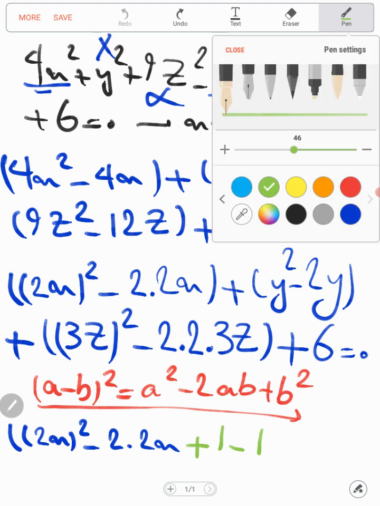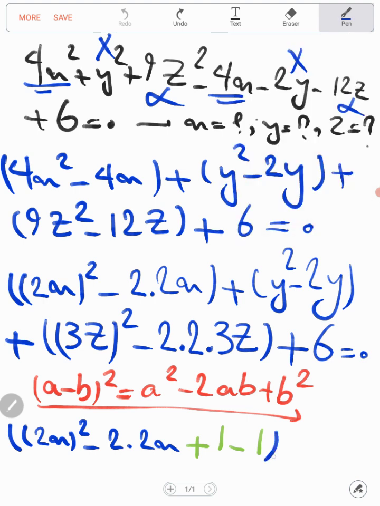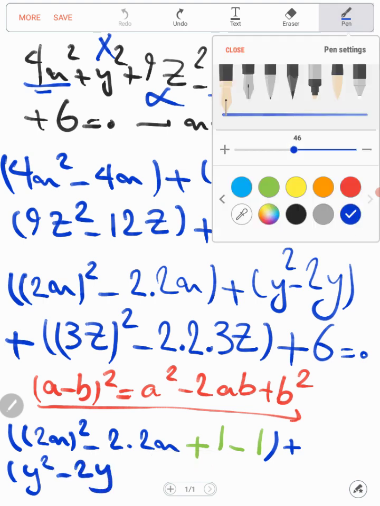Okay, and then go to the other one. For the second parenthesis, it's easy. I think it's better to add plus 1 and minus 1.